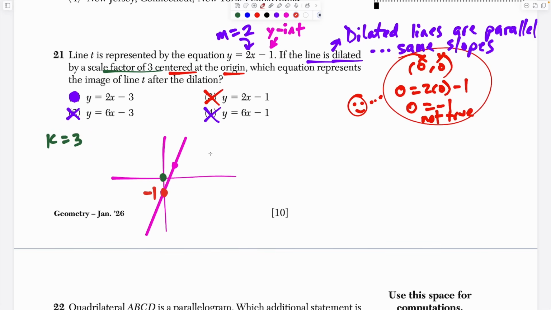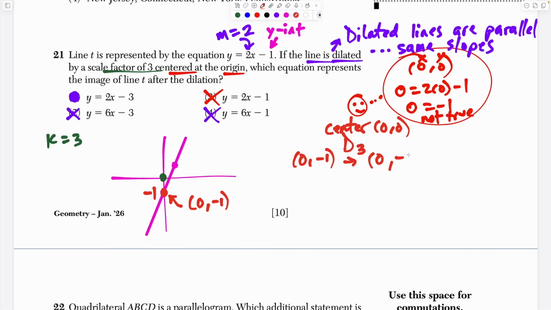But watch what happens when I dilate the y-intercept. The y-intercept here is located at (0, negative 1). If I dilate that point with a scale factor of 3 and our center is (0, 0), all that's doing is multiplying the x and y by 3. So x is 0 times 3, which is 0, and negative 1 times 3 is negative 3.